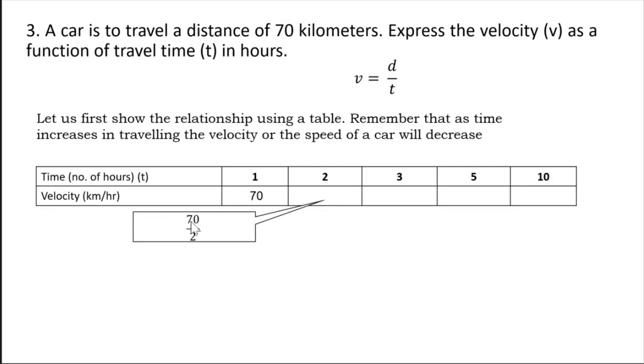So 70 divided by 2 is 35 kilometers per hour. That is our velocity. If we travel 3 hours, 70 divided by 3, so we have 23.33 kilometers per hour. Then 5 hours, 14. Then 10 hours, 7.